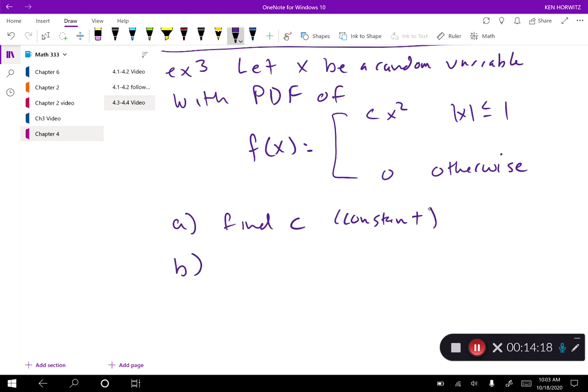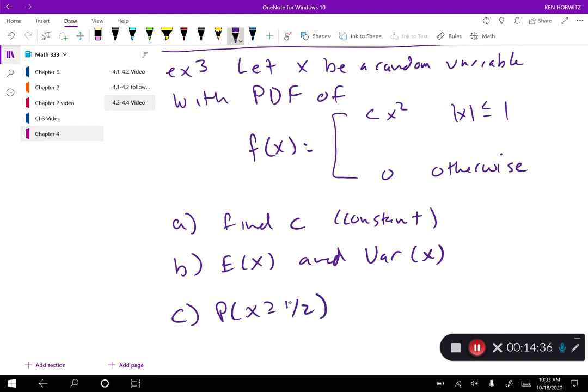I want to find my expected value and my variance. And lastly, I want to find the probability that x is greater than or equal to 1/2. So I won't be able to keep the problem on the screen much longer, as you can see. So why don't you pause the video and write down the problem.